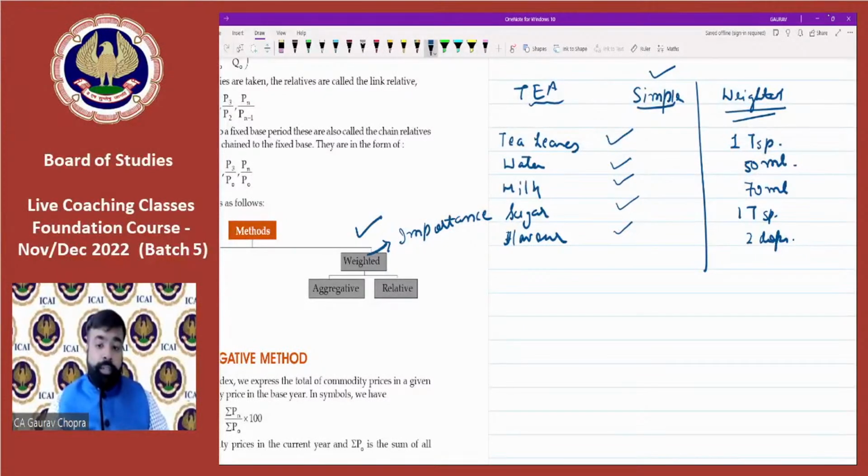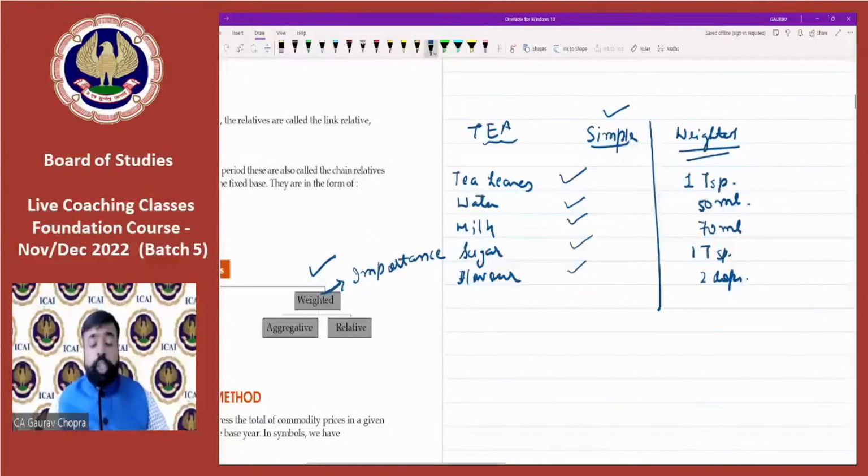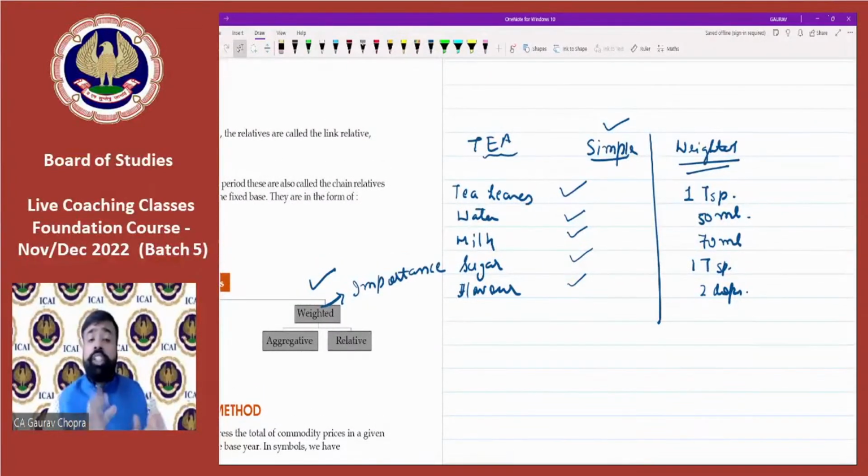So simple is not correct at each and every place. It fails at many places. Therefore, the weighted method is introduced. We have to study both the methods, simple as well as weighted. But simple has a drawback because it does not give importance to any commodity, whereas weighted gives importance. Okay.